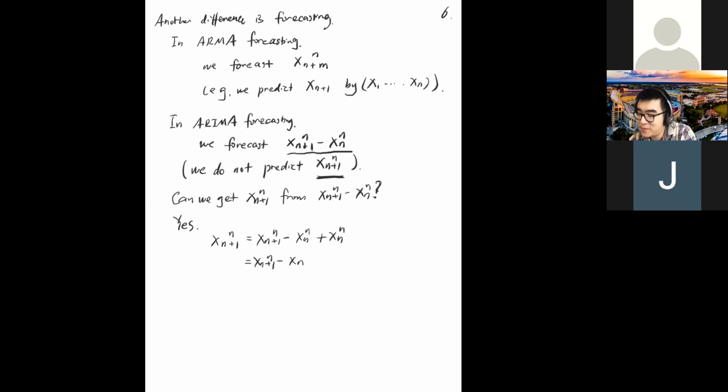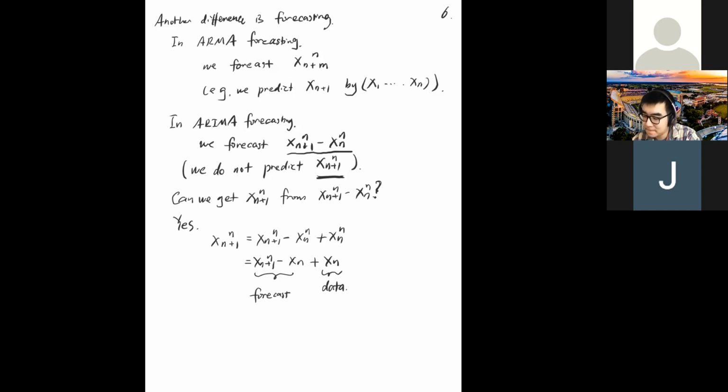Because we observe the n data, x_n^n is basically x_n. So this is our forecast from our first differencing model, or any differencing model, and this x_n is from the data. Which is very nice, right?